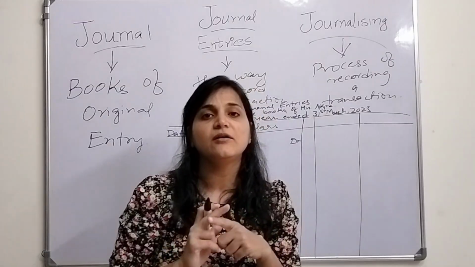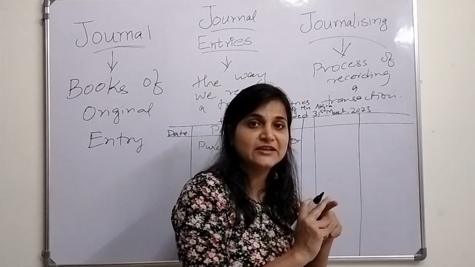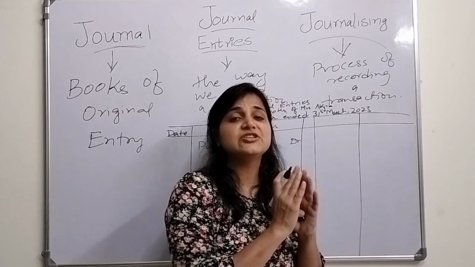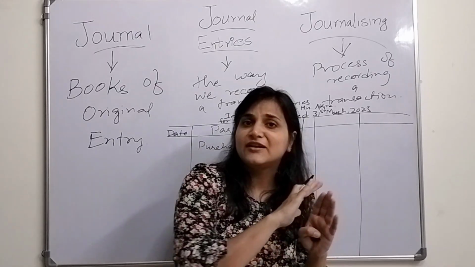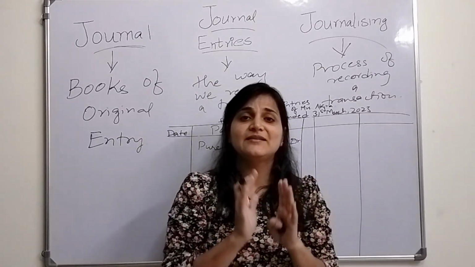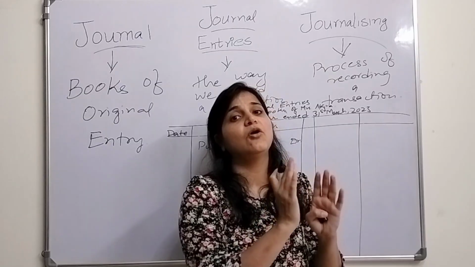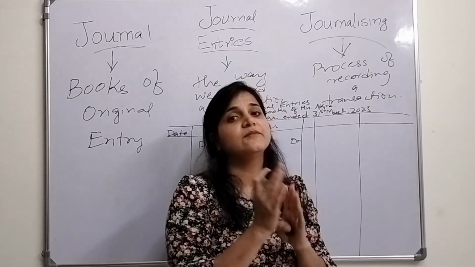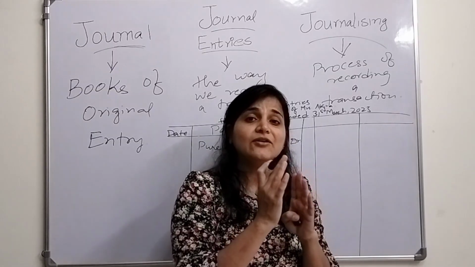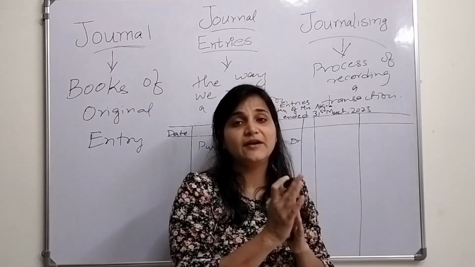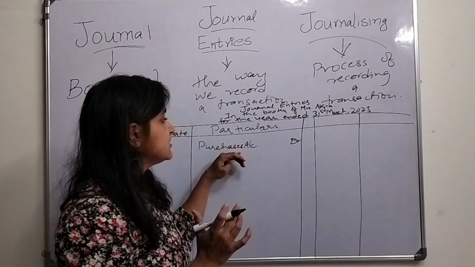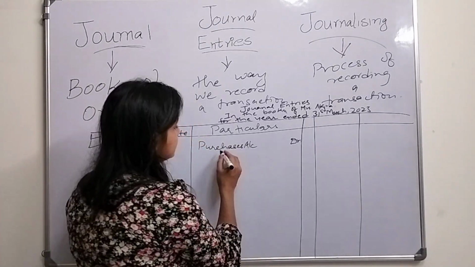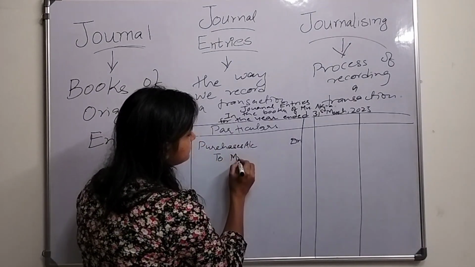I am not mentioning whether I am purchasing on cash or on credit. If nothing is mentioned, that means I am purchasing goods from him on credit. Now he becomes my creditor, credit the giver. Purchases account debit, and Mr. Dheeraj's account, a personal account, is credited.